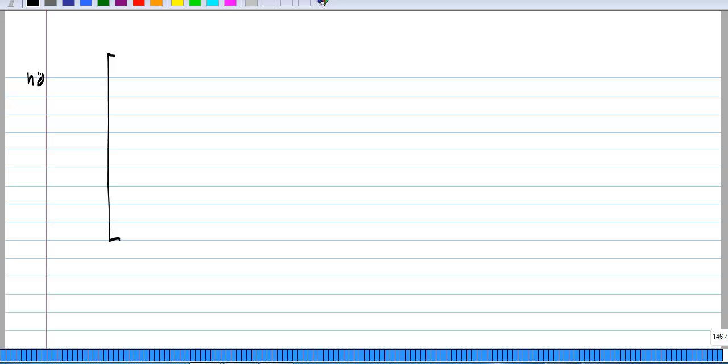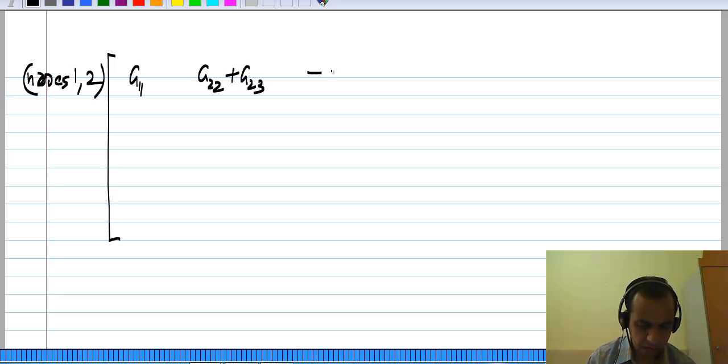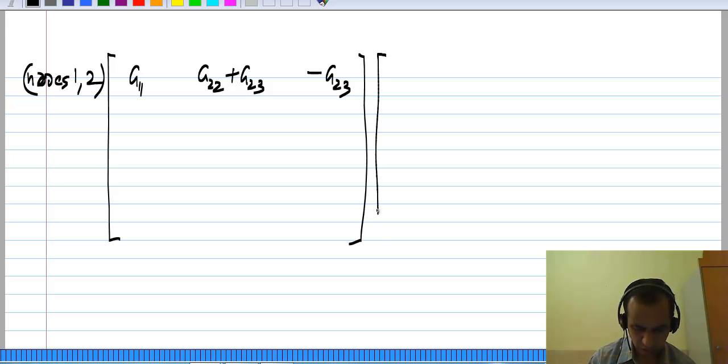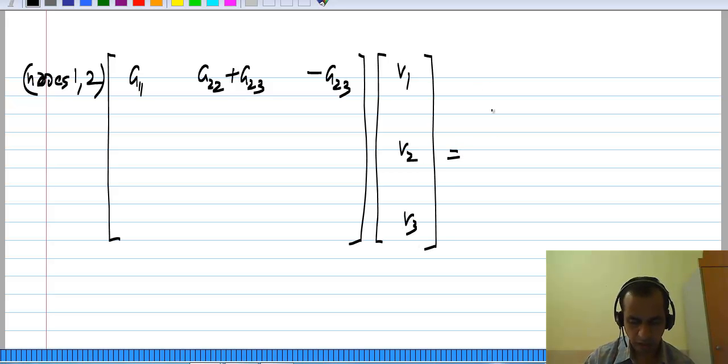So let's say the first row I write it for the supernode, which will consist of G11, G22 plus G23, minus G23, times V1, V2, V3, and this will be equal to I1.